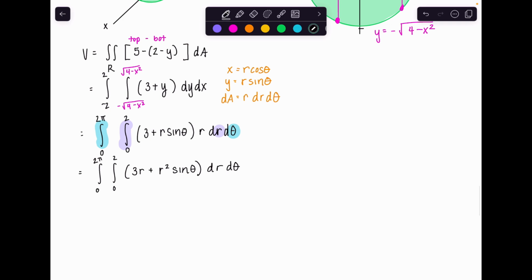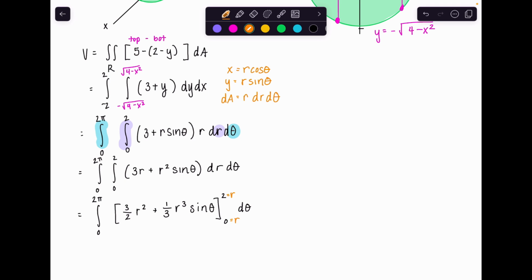Integrating with respect to r first, because I can't separate these, becomes 3/2 r squared plus 1/3 r cubed sine of theta, evaluated from 0 to 2. Again, we're evaluating r to begin with.